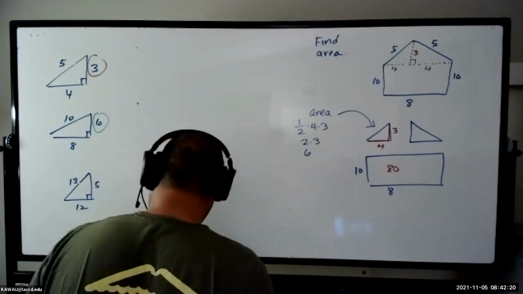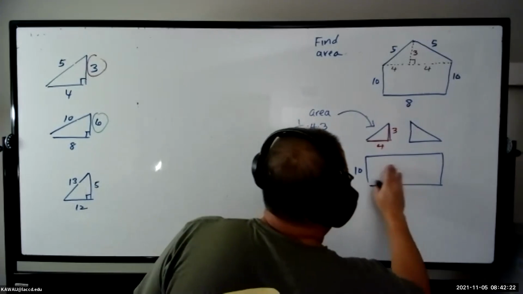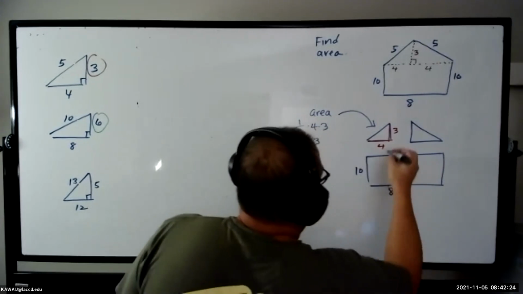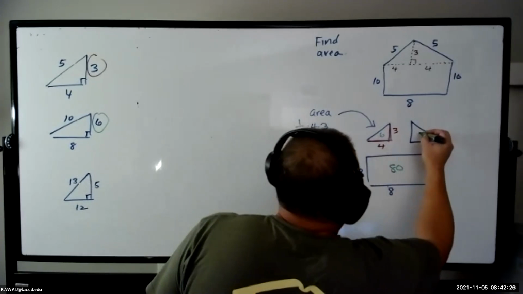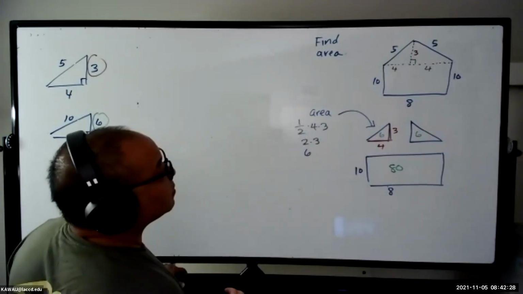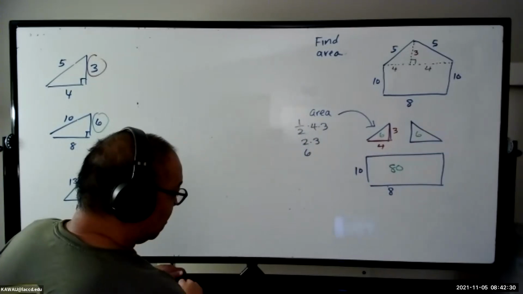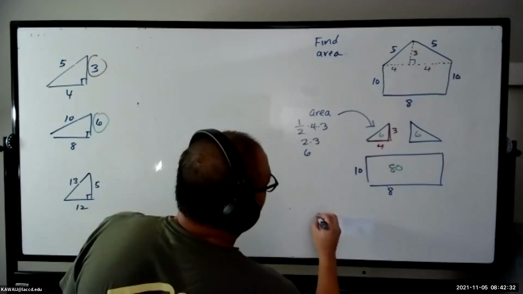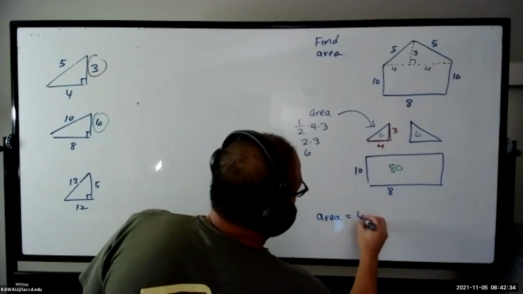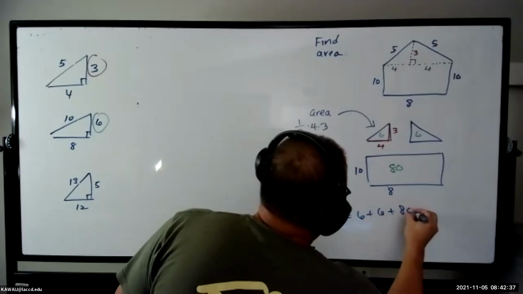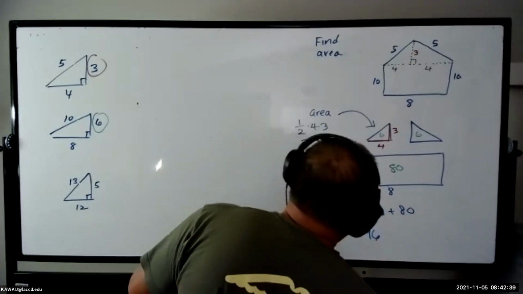So the area of this one is, let me make this in green so it's not as confusing, 6. So that's 6 also, because they're symmetric. So we have area is equal to 6 plus 6 plus 80 is equal to 96.